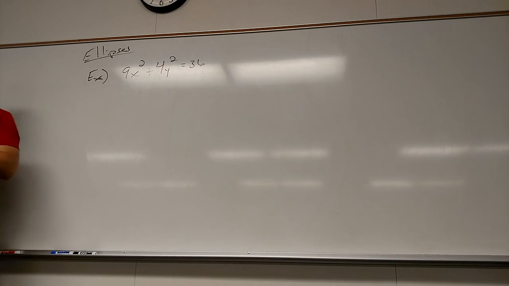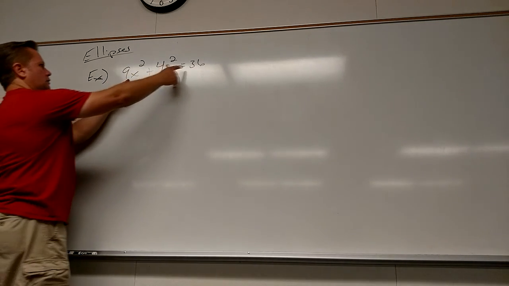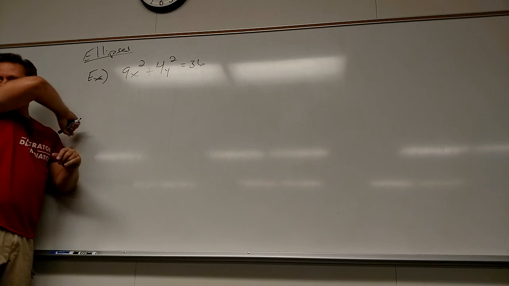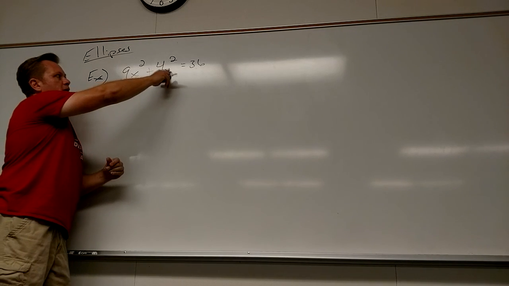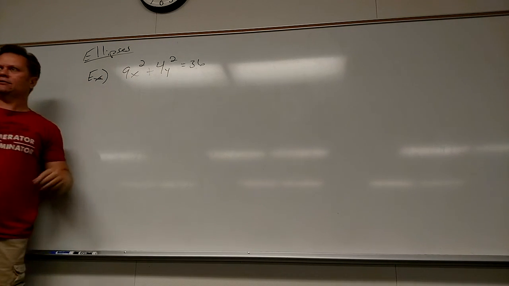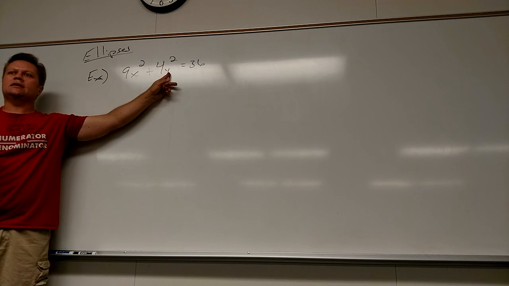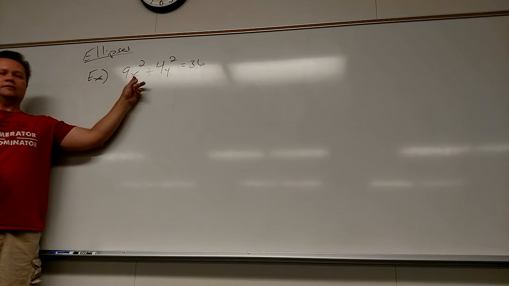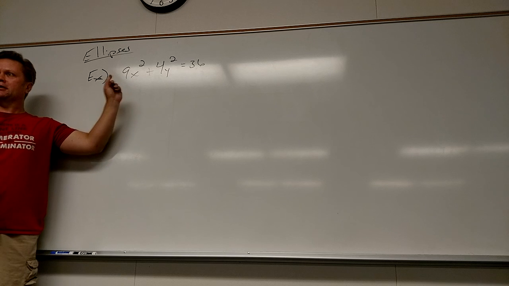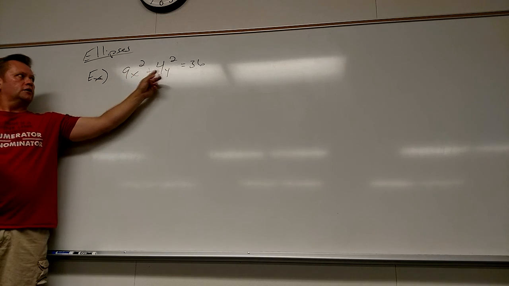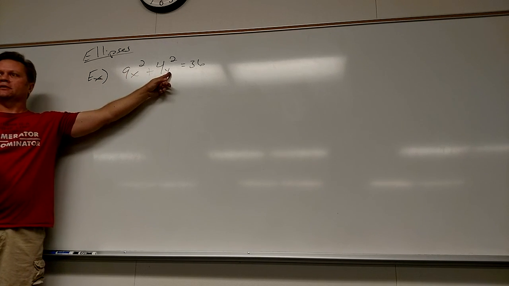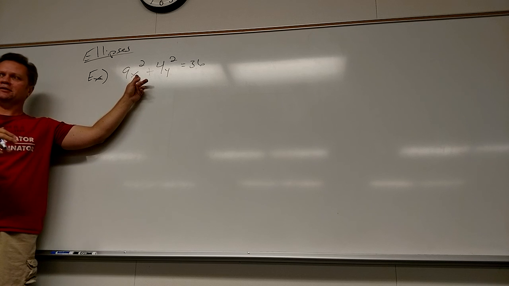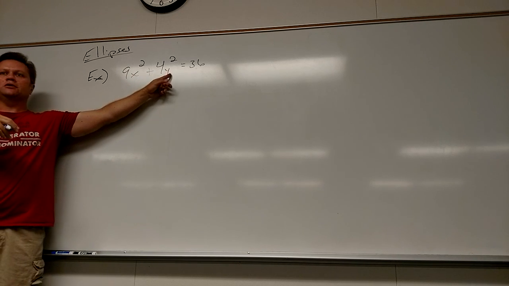This is a really weird question, I know, but they're supposed to add to be 36, right? The minute y is anything that's not 0, this has got to be smaller, because I'm adding something to it to make 36.